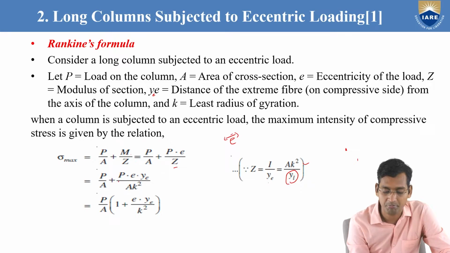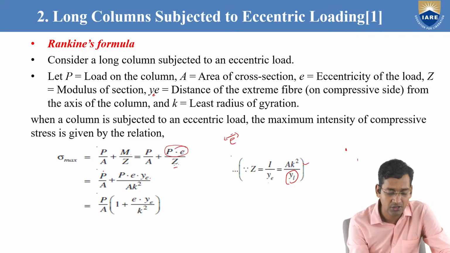P by A plus P, for this one P already is there. For Z, A K square by YE. So Y extreme will go to the denominator. So now we have P by A plus P e YE by A K square.